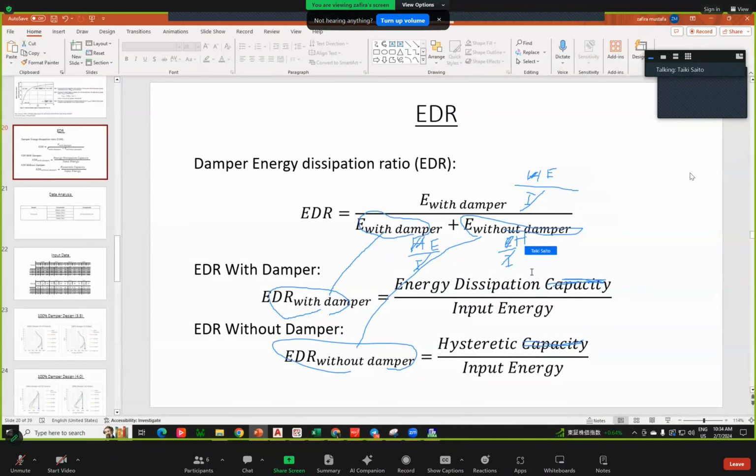So the wall has nothing to do with this formula. Is that correct? But Sensei, with the damper and without the damper, the energy of the wall is different, right? So this input energy is different. Yes.